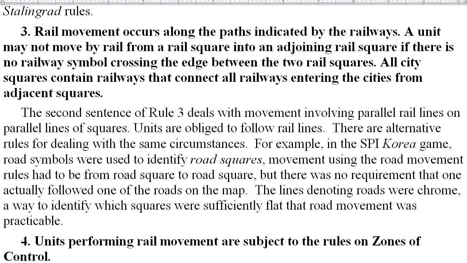One can point at the old SPI Korea game in which there was road movement, but road movement was road square to road square, whether or not the road squares happened to be connected by roads. The roads were meant more decoratively to indicate that the area was reasonably roaded. Furthermore, if you are using rail movement, you have to obey the zone of control rules. If you enter an enemy zone of control while using rail movement, you have to stop.